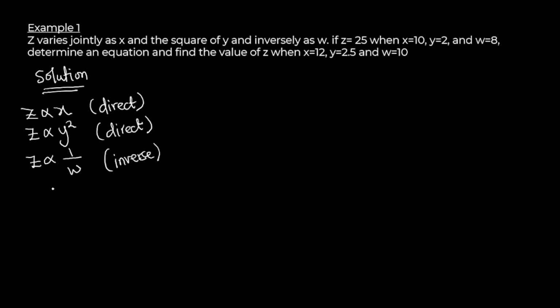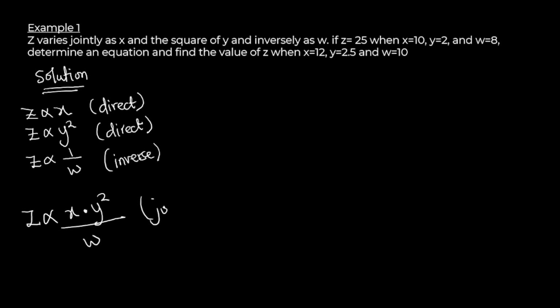So it means in all, we are saying that Z varies directly as X and directly as Y squared and inversely as W. Okay, so this is how we write it together. First is the direct variation, so you multiply it with the next direct variation, and then we divide it by the inverse variation, so that gives you the joint variation.